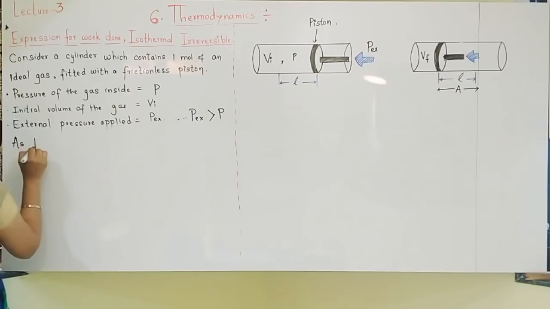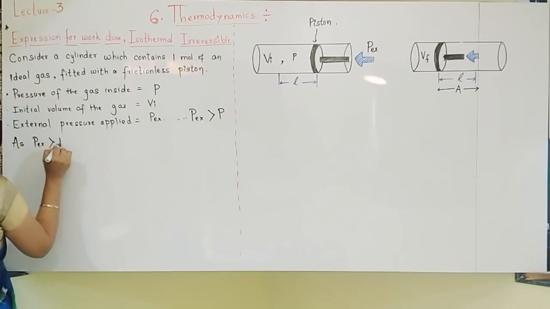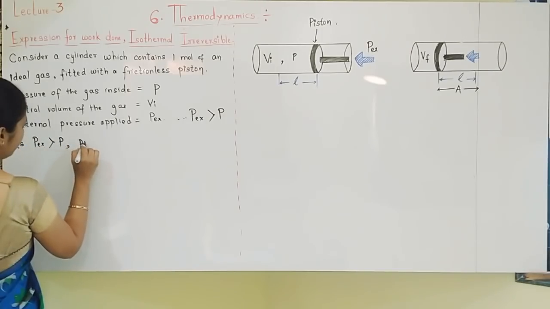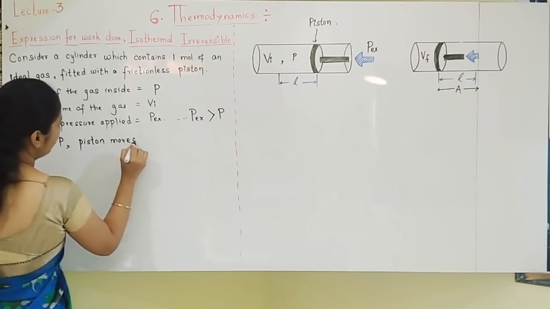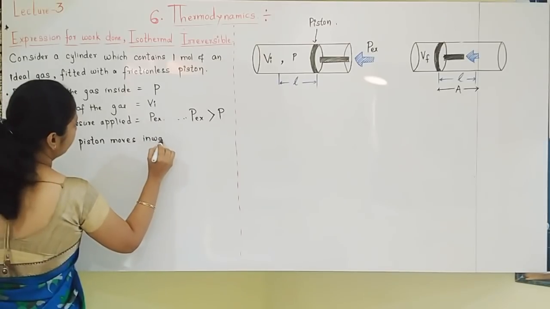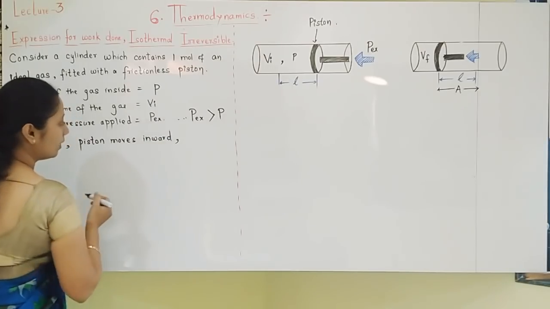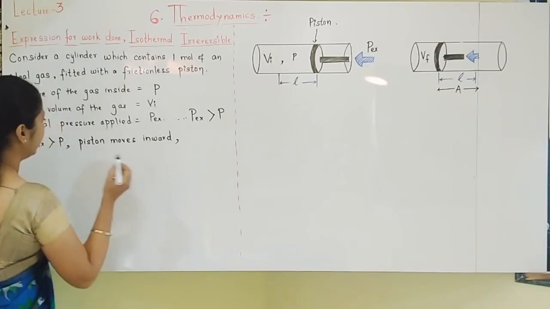As PEX is greater than P, the piston moves inward. How much does the piston move inside?